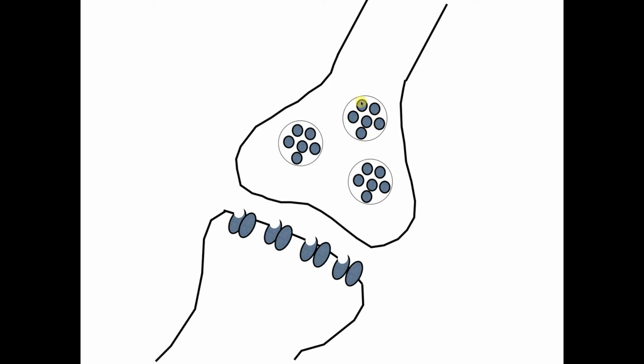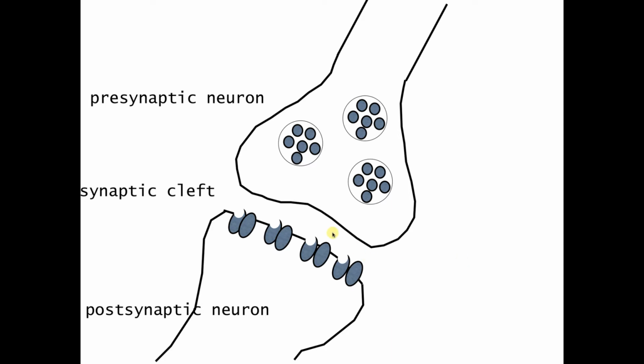We've got synaptic vesicles with neurotransmitters within them. And on the postsynaptic neuron, I have receptors. So here are some receptors for neurotransmitters. So let's label that. Presynaptic neuron, postsynaptic neuron, and the space between the two neurons we call the synaptic cleft.